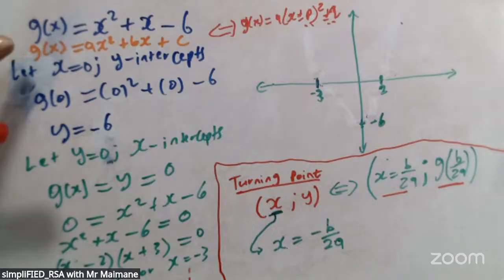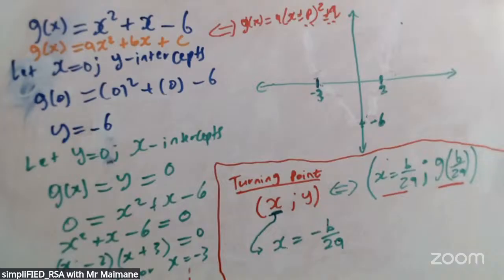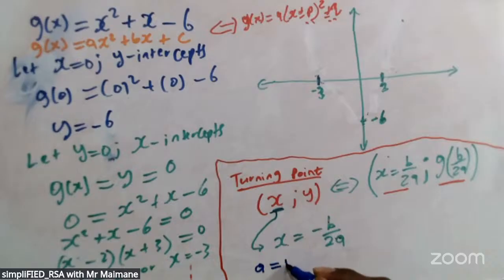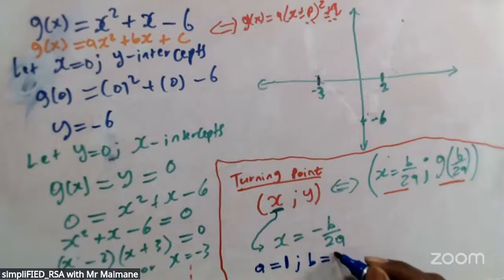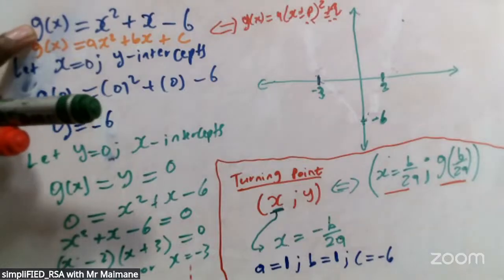So in our given equation there, we can see that a is equal to 1, b is equal to 1, and c is equal to minus 6. Does everyone agree from this given function of ours?